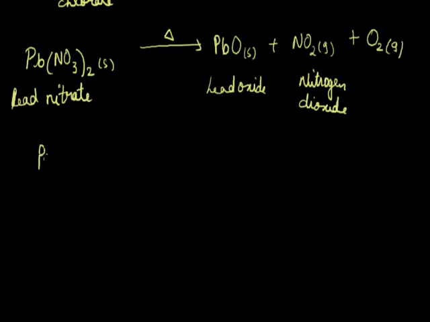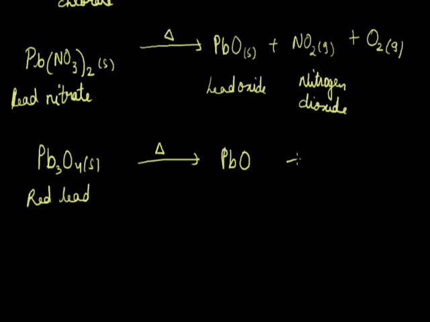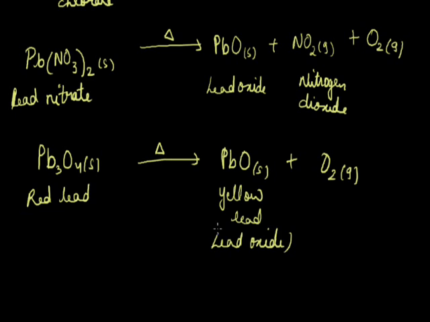Another example is decomposition of red lead, that is Pb3O4. It is decomposed into lead oxide, PbO, plus oxygen gas is liberated. This is yellow in color, so it is known as yellow lead. Here PbO is lead oxide. Now Pb3O4 is a mixture of oxides of lead.